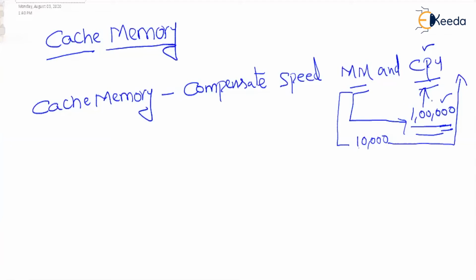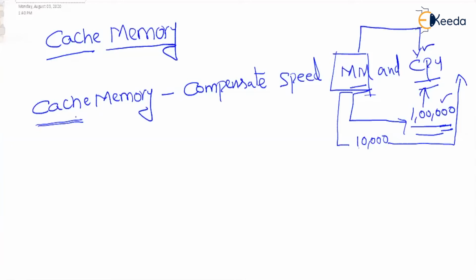So here the problem is the total system's speed is limited by the main memory speed. There is a huge speed difference between main memory and CPU. So in order to compensate the speed difference, we are going to use a cache memory. This is the major purpose of implementing a cache memory in the system.